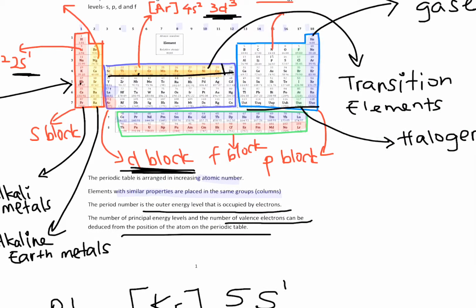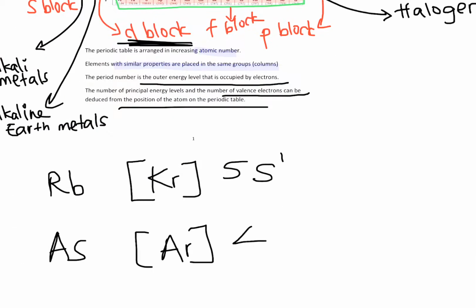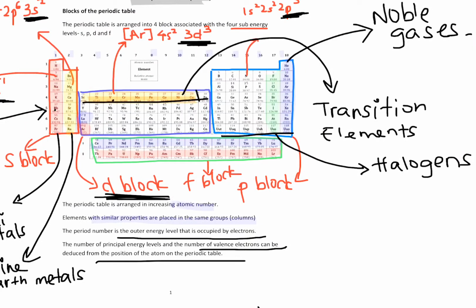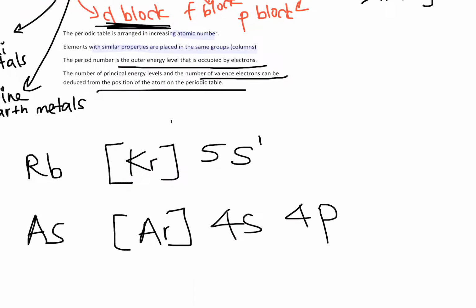And because it is in the fourth period, the last energy level filled is going to be the fourth energy level. And because it is in the P block, you'll be filling S and P. So we'll have 4s and 4p. And because it is in group 15, what we used to know as group 5, we'll have 2 and 3. So that makes a total of 5. So this is group 5.